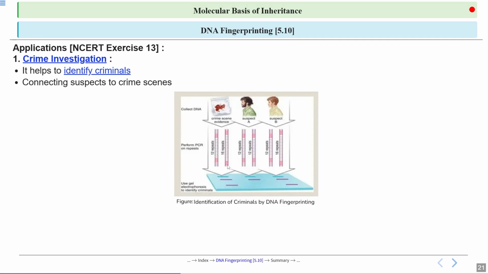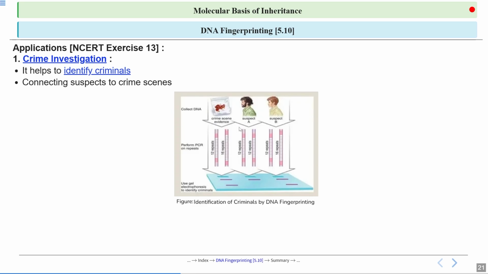So this is the identification of criminals by DNA fingerprinting. They collected the crime scene evidence, and there were two suspects. They performed PCR on the repeats. On the crime scene sample, one chromosome had 12 repeats and the other had 16 repeats.